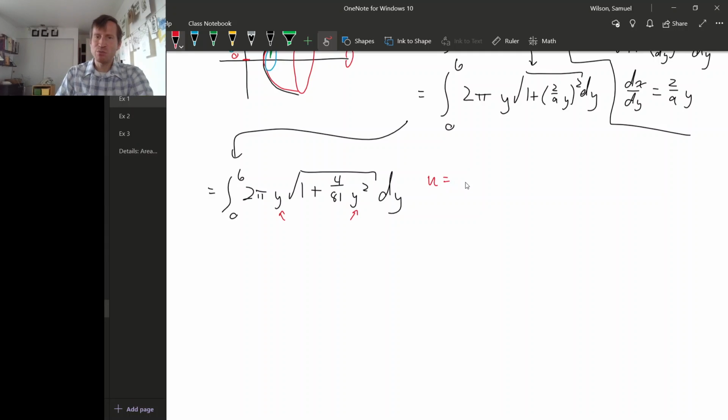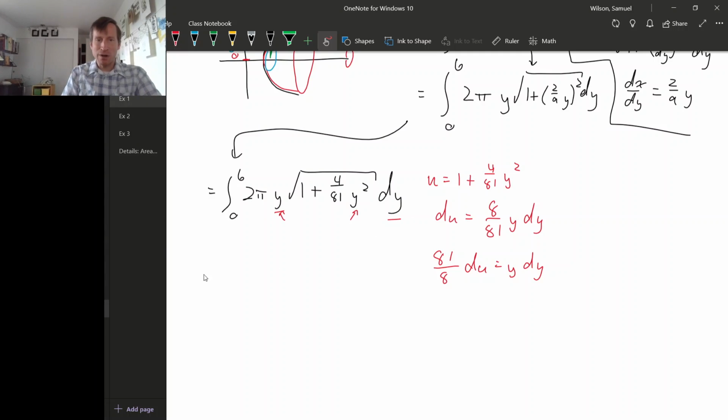So let's let u be 1 + (4/81)y². Then du is (8/81)y dy. Let's get these constants out of the way. So (81/8) du is equal to y dy. We have a y to play with, and we have a dy, so this is going to work out.